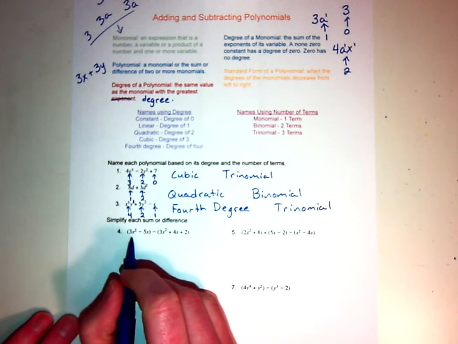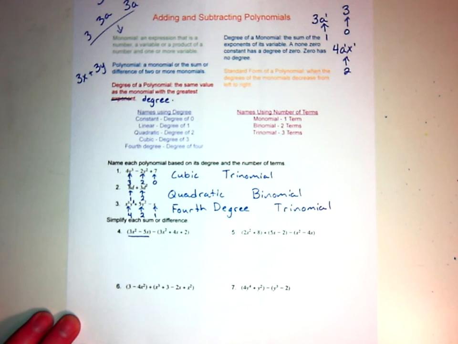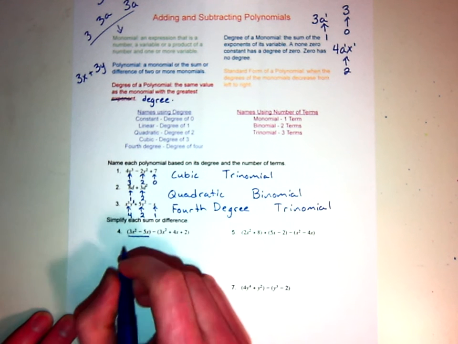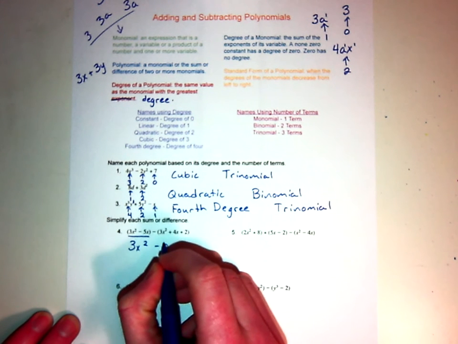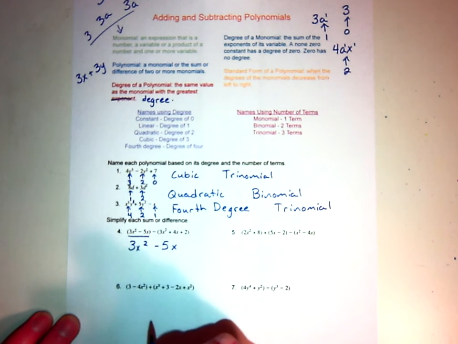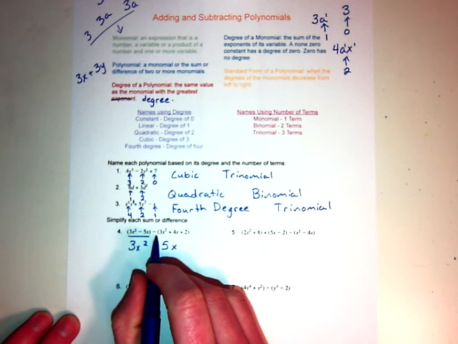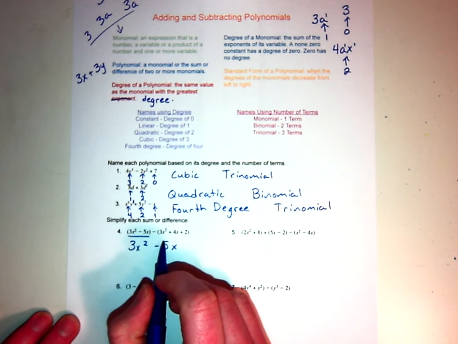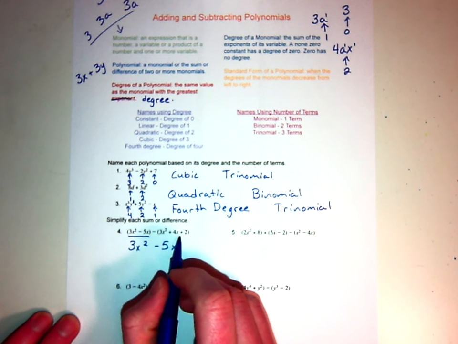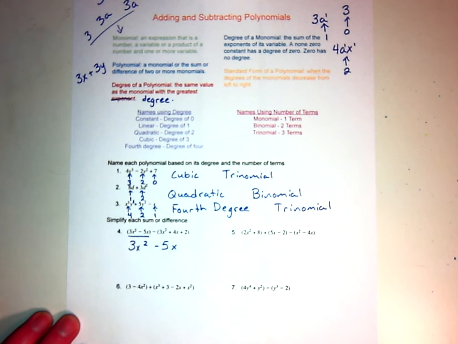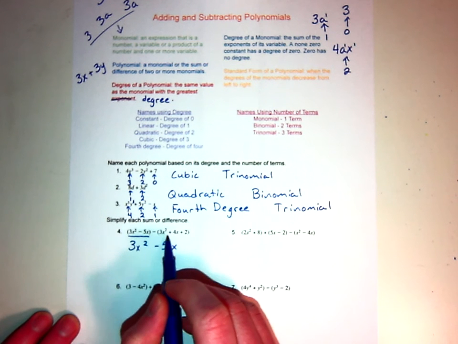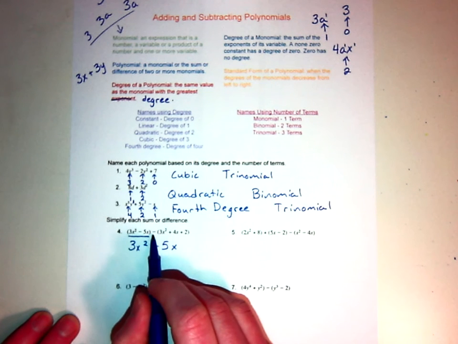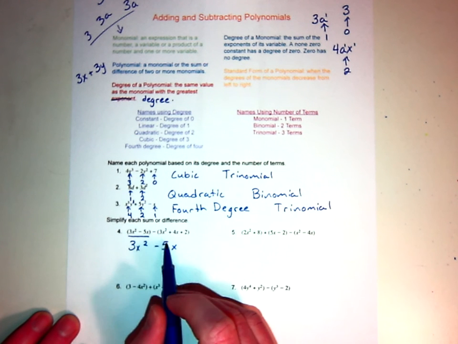So for this polynomial in parentheses, I've got 3x squared minus 5x. Then we're subtracting 3x squared plus 4x plus 2, which means I need to take away each of these values. This is where subtraction problems and addition problems are a little different.